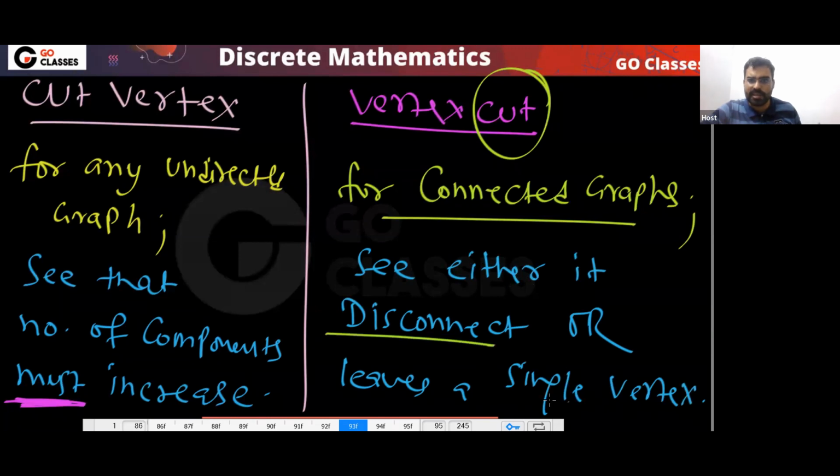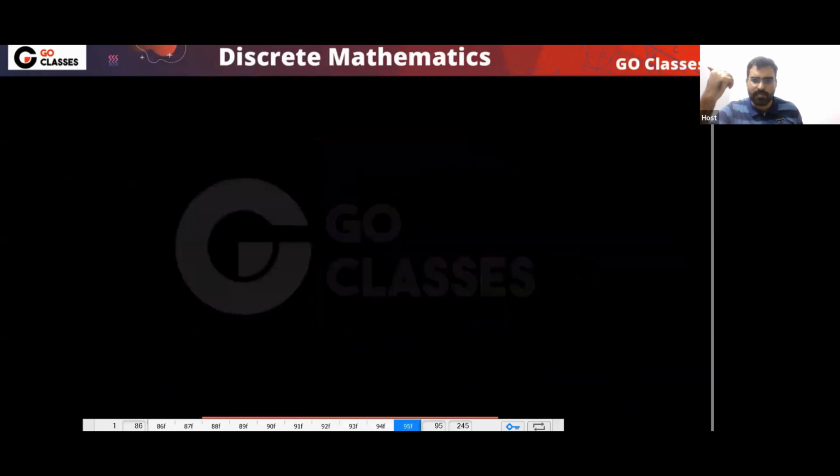Please tell me, is it clear? Cut vertex, vertex cut. Here the focus is on vertex. Is this clear to everyone? The difference. Let's see some more questions.